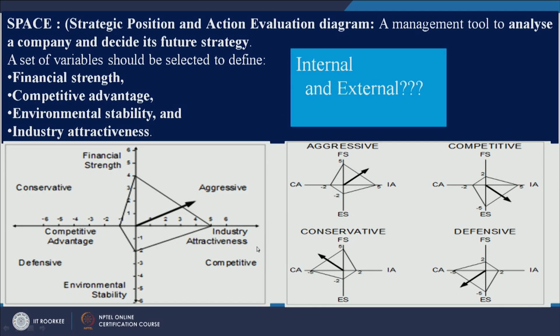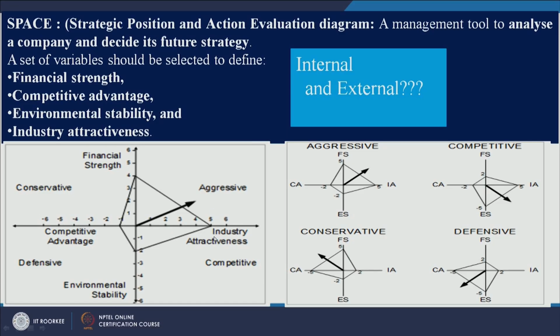But if competitive advantage and financial strength are like this, then it is always suggested to go for a conservative strategy. You need not be aggressive, but you need to be conservative.